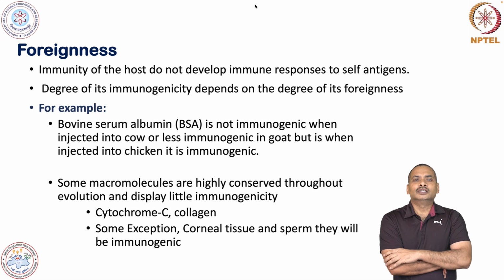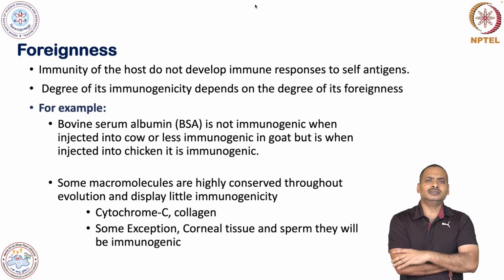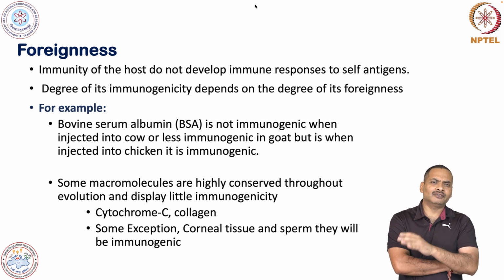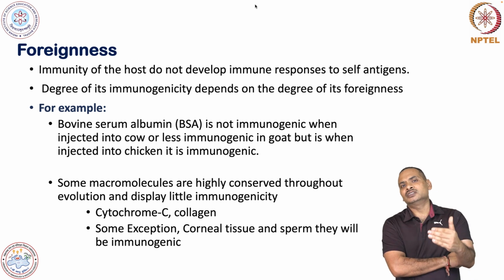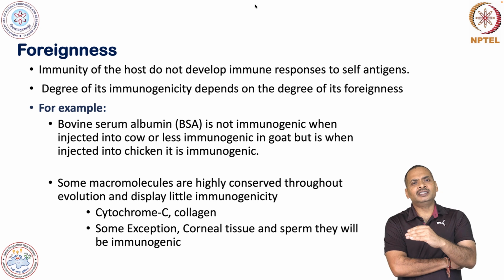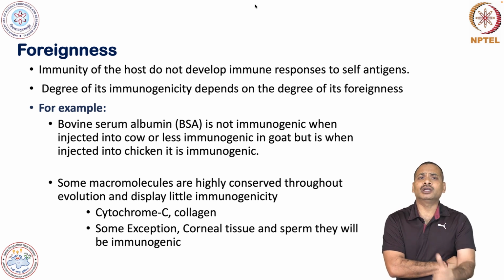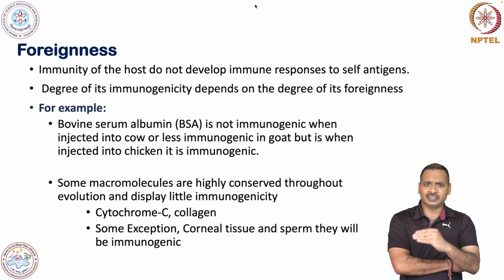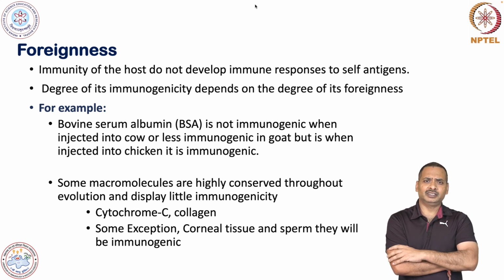Now, I will try to explain why it is like that. At the beginning of the development of immunity, these antigens were not exposed, and that is why the body does not develop any tolerance against these antigens, the corneal antigen and the sperm antigen or sperm proteins.